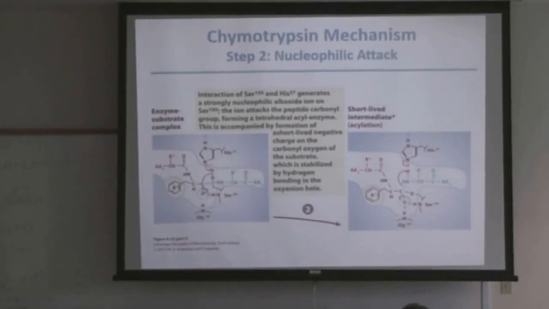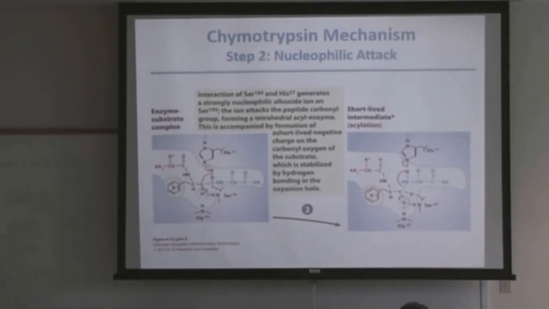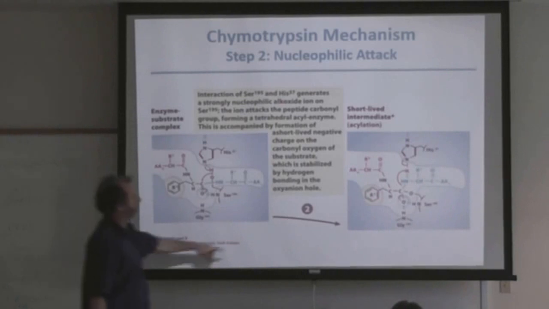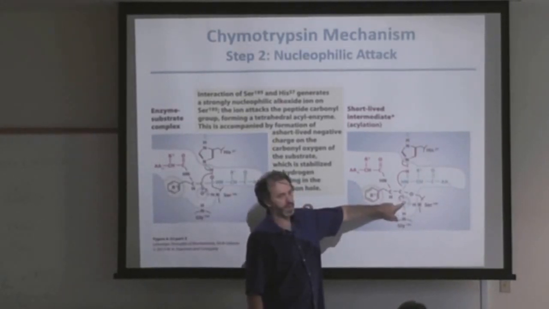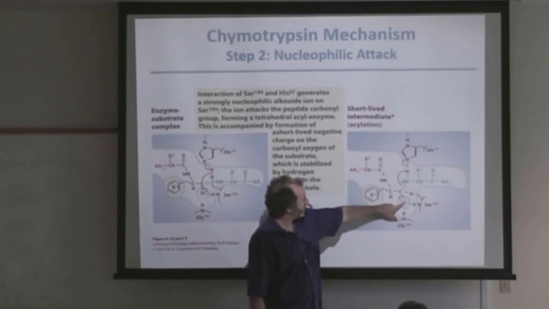And you have this tetrahedral intermediate that forms. It's a tetrahedral oxyanion that forms, and it'll collapse.